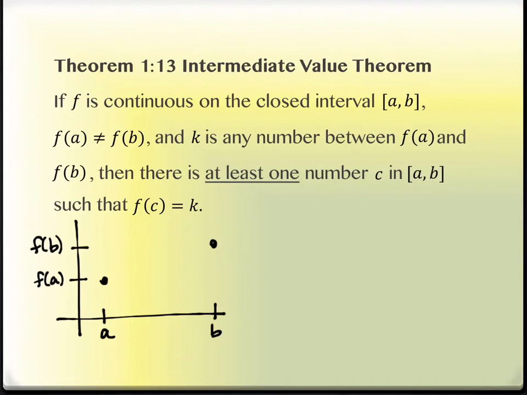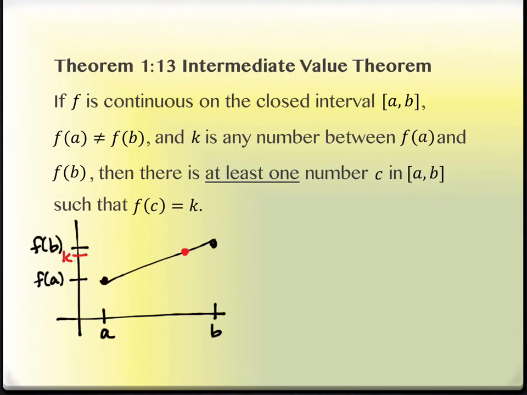And it doesn't matter if the f of a is higher than f of b. That's absolutely irrelevant. Okay? Doesn't make any difference. And they're saying if there's a k value somewhere in between them, anywhere between f of a and f of b, that somewhere, if I have a continuous curve and I'm going from the left-hand point to the right-hand point, somewhere I have to have a corresponding value that's got a y value of k.